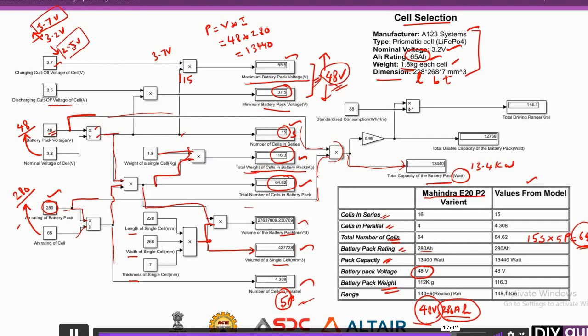Then comes the question: what will be the usable capacity of the battery pack? As we already know, the total capacity of the battery pack is calculated as 13.4 kilowatt hours, but this 13.4 cannot be used completely, because there is a concept called depth of discharge, the maximum discharge that you can do in a battery.